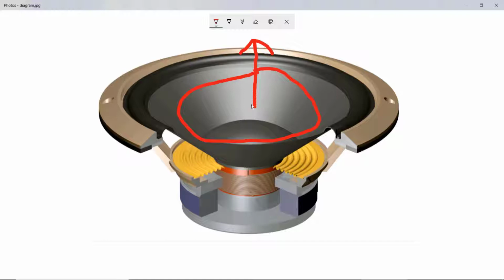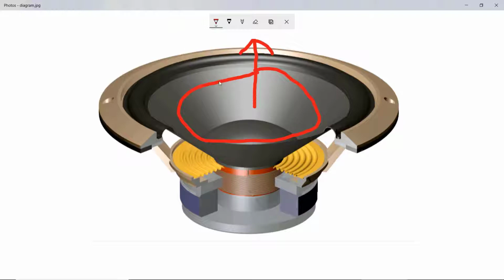And the push of this cone on all of the air molecules right here cause the air molecules up above the speaker to also move. But remember, it's not all the molecules that are moving, it's that energy pulse that's moving through them.